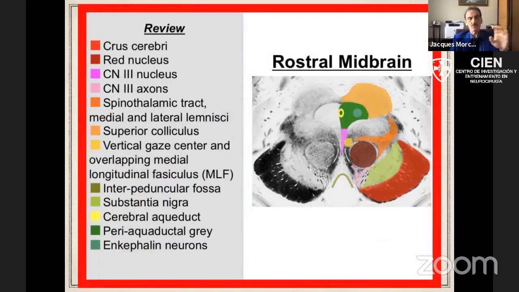Again, there is absolutely no time to go over each tract and each nucleus in each section, but just to give you a general idea where the most important things are, we're going to start at the rostral midbrain, finish in the medulla. Of course, the red here is crus cerebri with the corticospinal tract in it, and the hallmark of the rostral midbrain is the red nucleus and all the other tracts which you can read on the left.